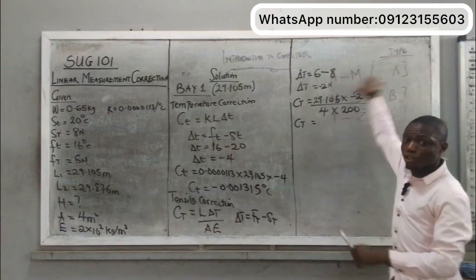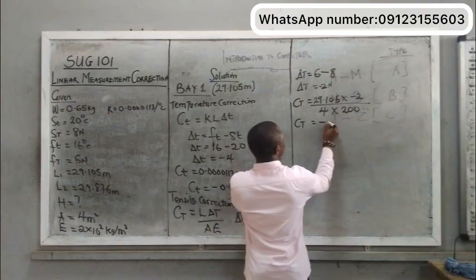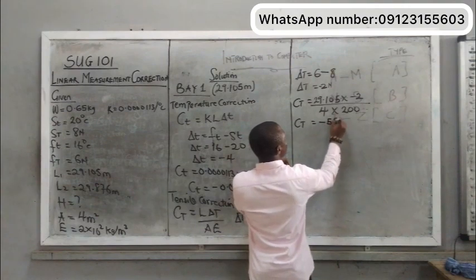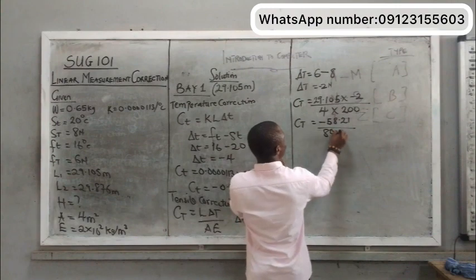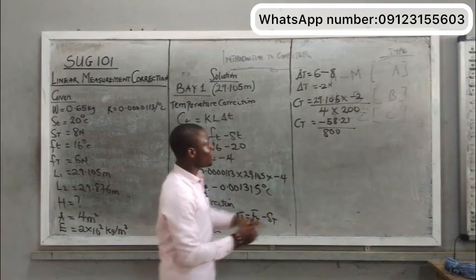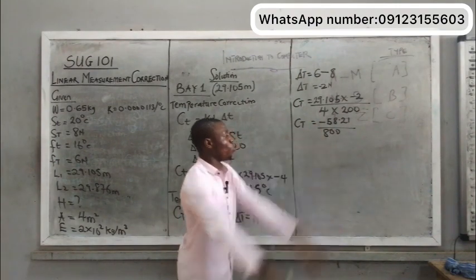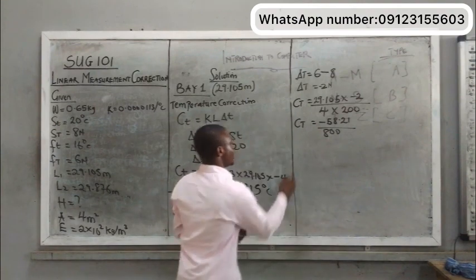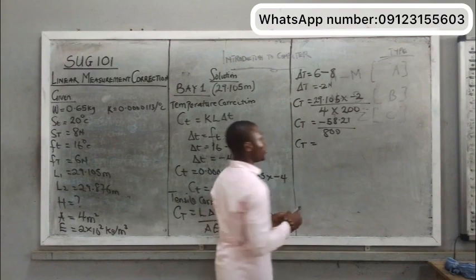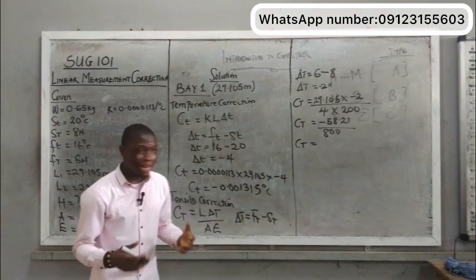The numerator is minus 58.21, over 800. Divide minus 58.21 by 800. Give me the value. So my CT will equal minus 0.